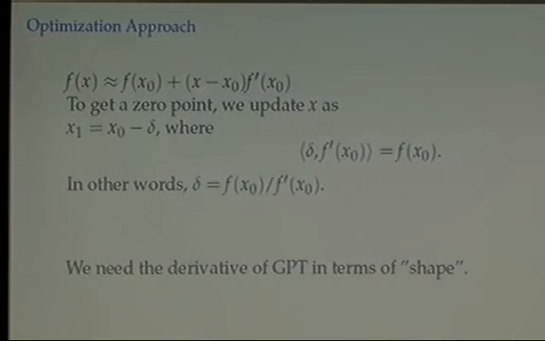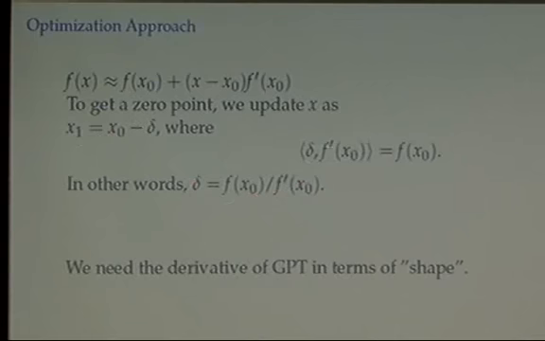This is the simplest case. Let's say we want to have the zero point for the function f of x, and it is differentiable. So f of x is similar to f of x0 plus x minus x0 times f prime of x0. Then our next updated solution should be x0 minus delta, and delta is f of x0 divided by f prime of x0.